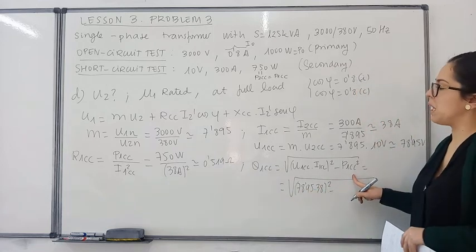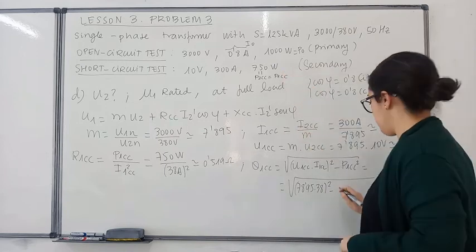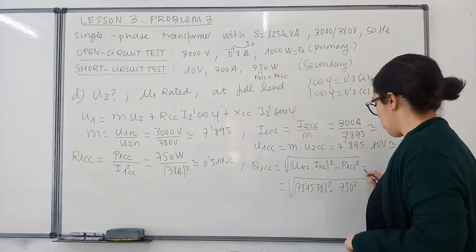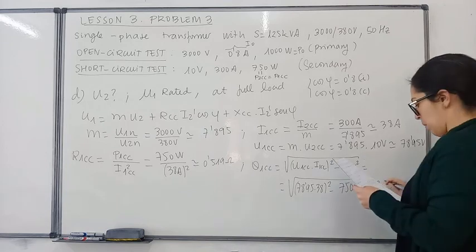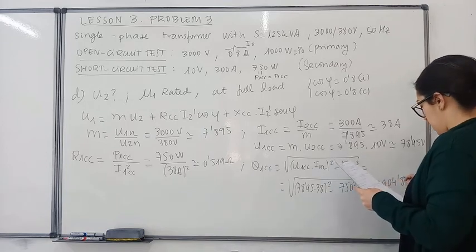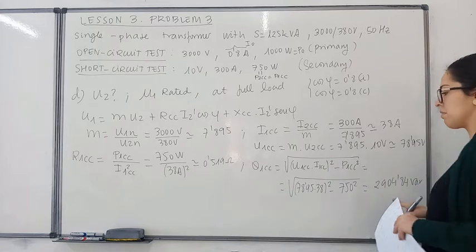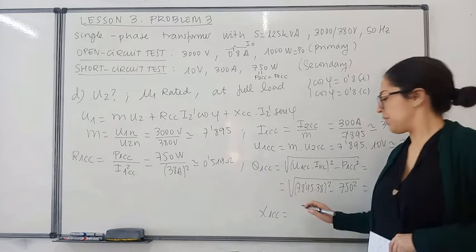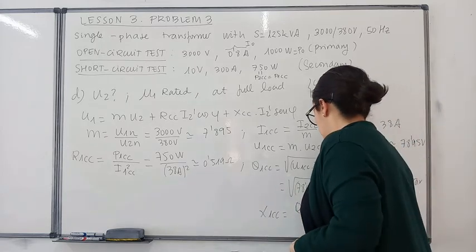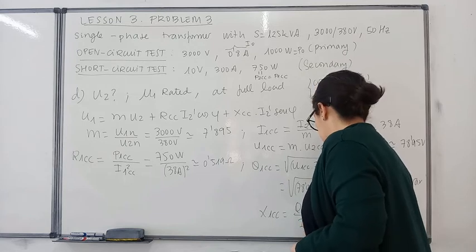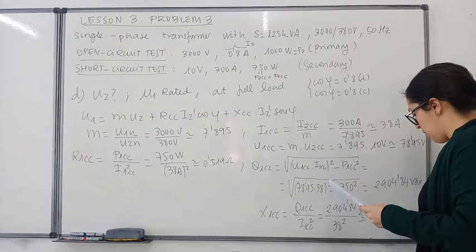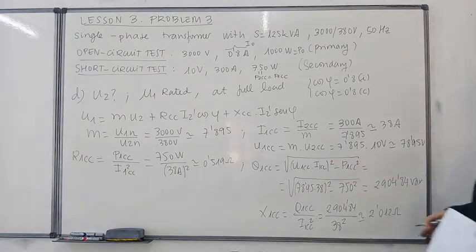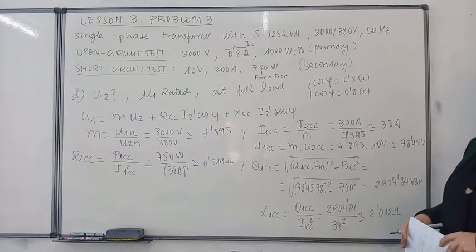And this power is the same as in the secondary circuit. So there we will have the reactive power is this in millivolt-amperes reactive. Now that we have this, the reactance would be the reactive power divided by the square of the current, 2.012 ohms. So now we have all the values that we needed.